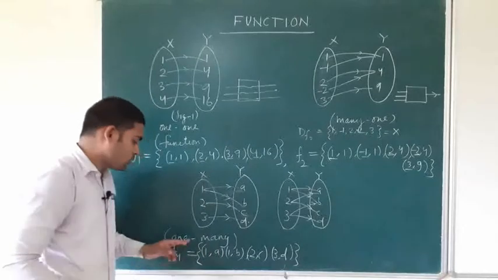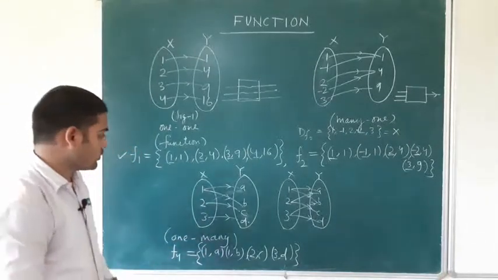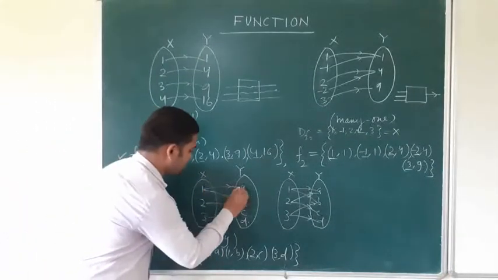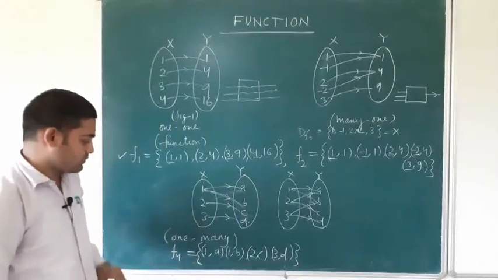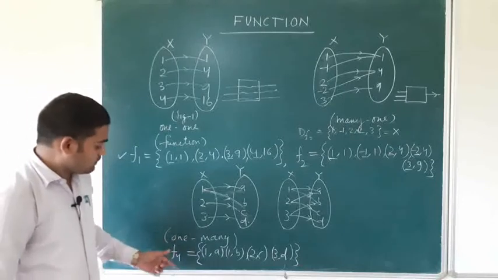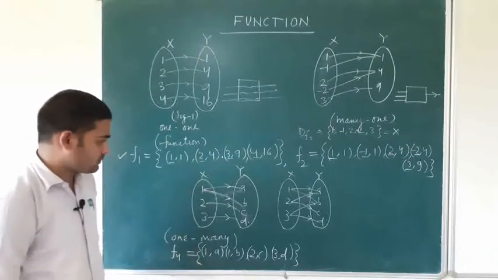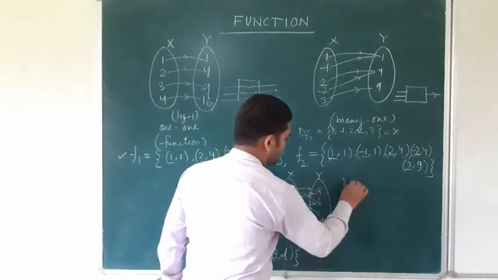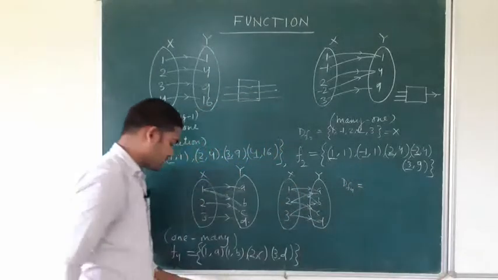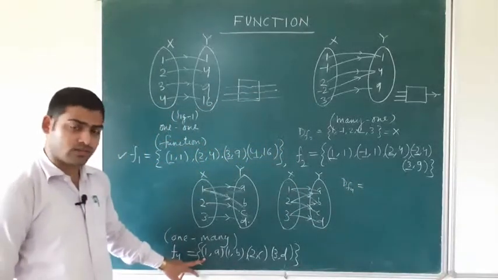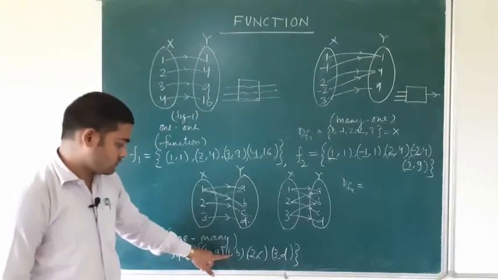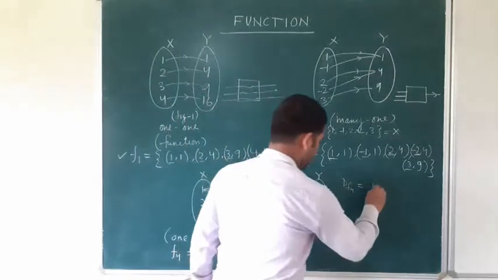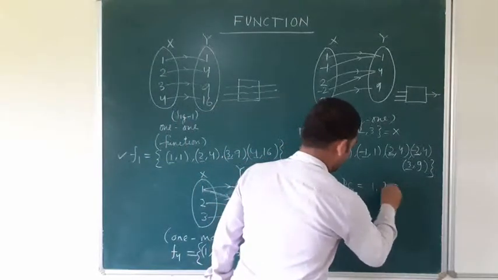Now come to one-many. In this case, you see the domain of F4, domain of F4, what? The set of first coordinates of ordered pairs. So 1, 2, 3.